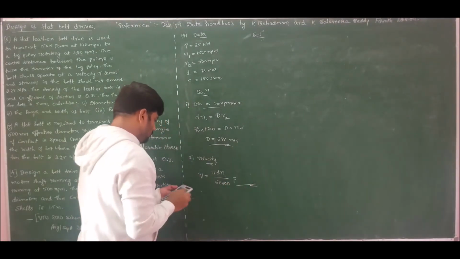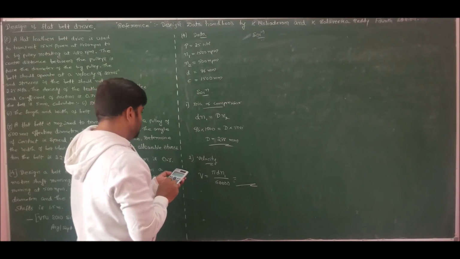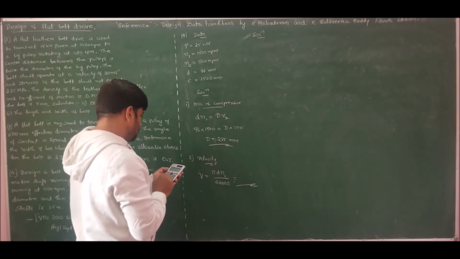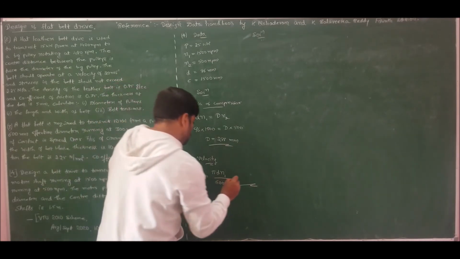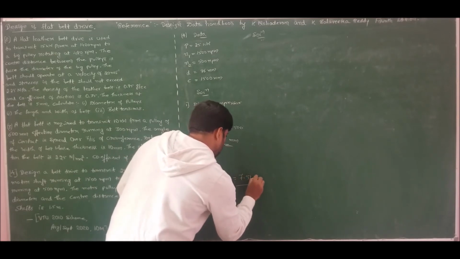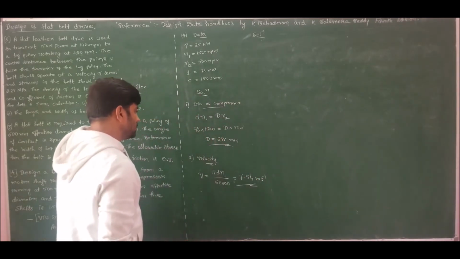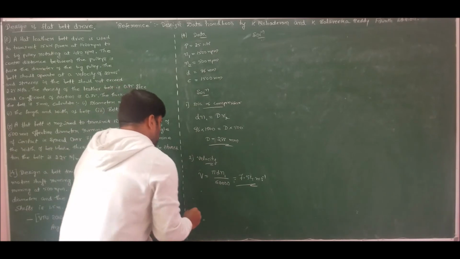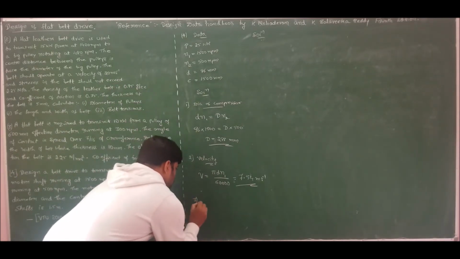So if I solve, I will get the velocity as pi times d is 96, N1 is 1500 divided by 60,000, which is turning out to be 7.54 meters per second. So next, let us calculate the value of centrifugal stress.